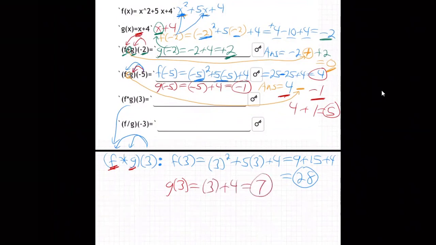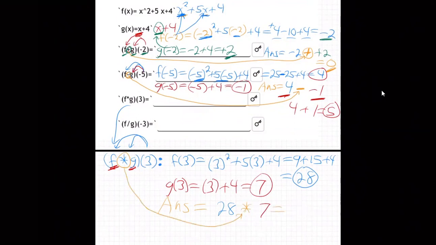It's just 7. And now what am I supposed to do to find the overall answer? Well, you're supposed to multiply these two. So I take 28 times 7.